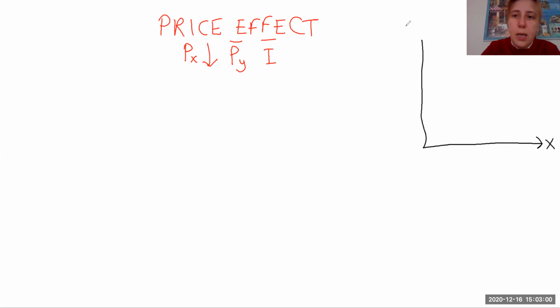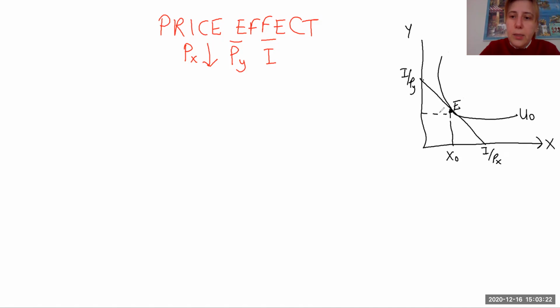Here good X and here good Y. Suppose that here I over Px and I over Py, and the initial choice of the consumer is on the U0 indifference curve, and at point E, X0 amount of X will be consumed and Y0 amount of Y will be consumed to maximize the utility.